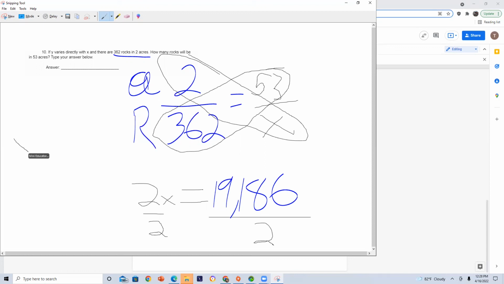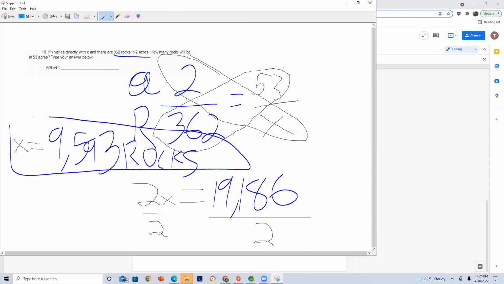You just do regular fifth grade algebra, just dividing both sides by 2, which will get you 9,593 rocks. That's a lot of rocks. I know. So, guys, that is it. And then you would just write your answer right here.